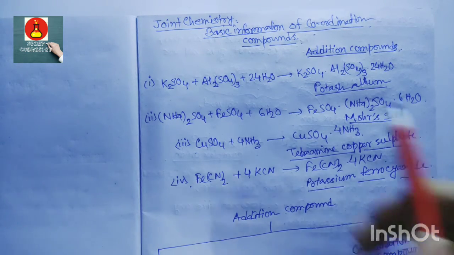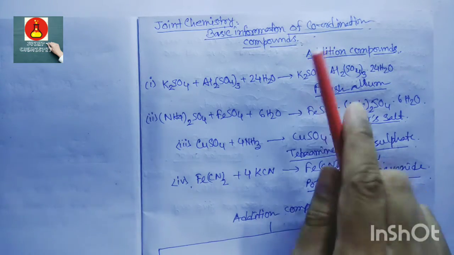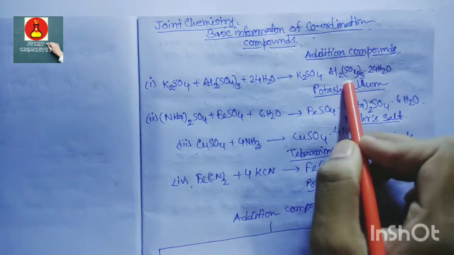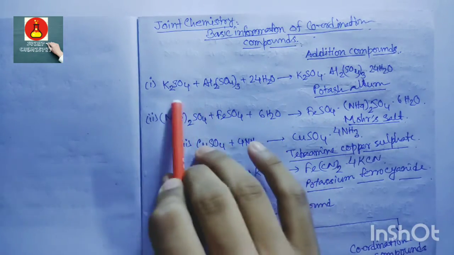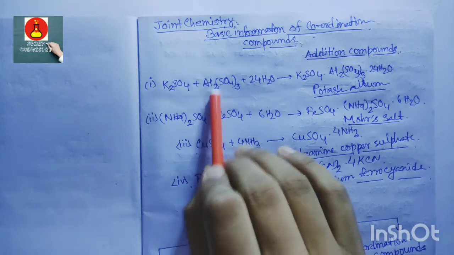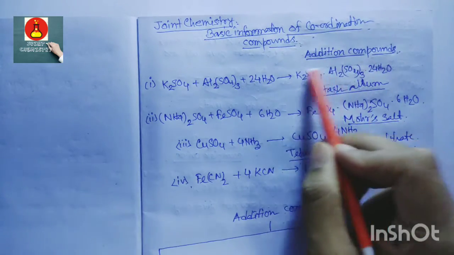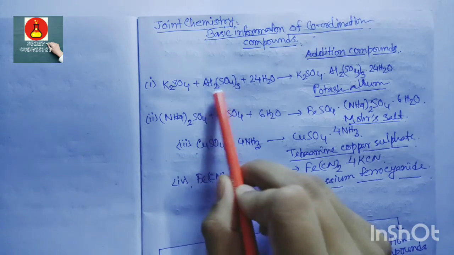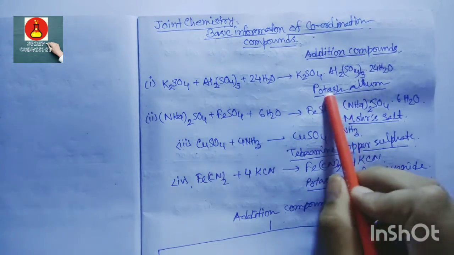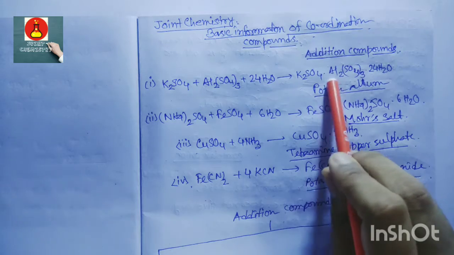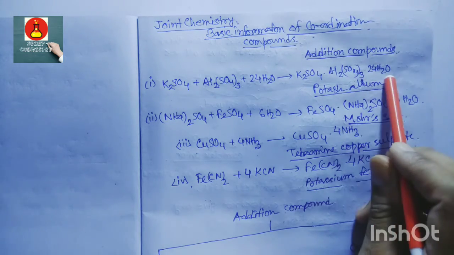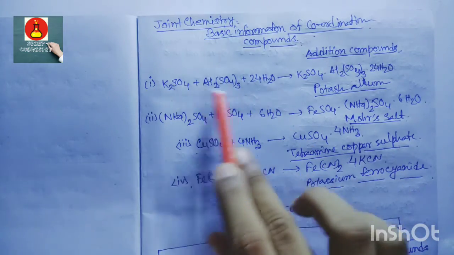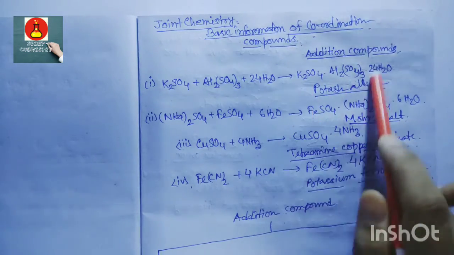Now, what is a coordination compound? Before understanding that, let's see some reactions. If we mix these salts together, we get these addition compounds. In the case of K2SO4 and Al2(SO4)3, we get potash alum, K2SO4·Al2(SO4)3·24H2O. Obviously, we mix these salts in water solvent and get these addition products.